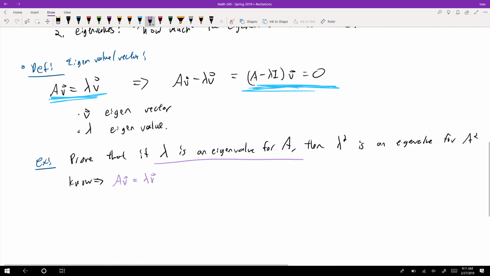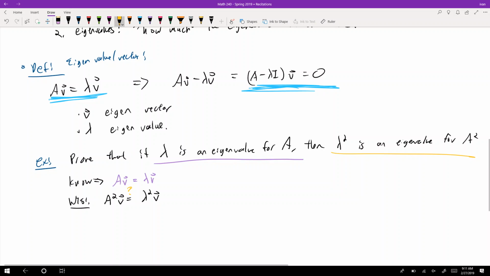All right, but what do we want to show? We want to show that A squared times v is equal to some lambda squared times v, right? We want to show that lambda squared is an eigenvalue for A squared. So we're not sure if this is true. Okay, and how do we go about showing that this is true?